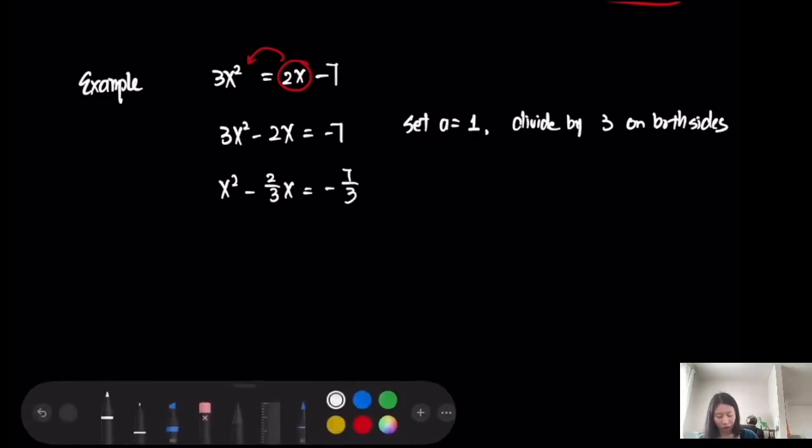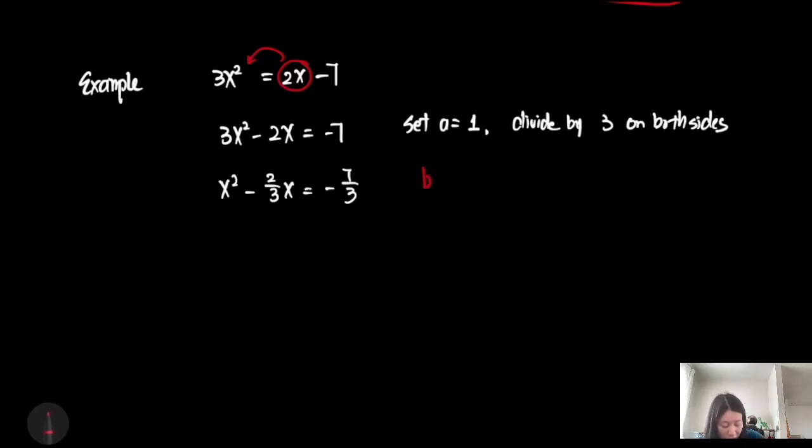Now, we have a equal to 1. We have our linear term b equal to negative 2/3. So half of b is equal to 1/2 times negative 2/3, which is negative 1/3. So the next step should be you want to add half b squared on both sides.